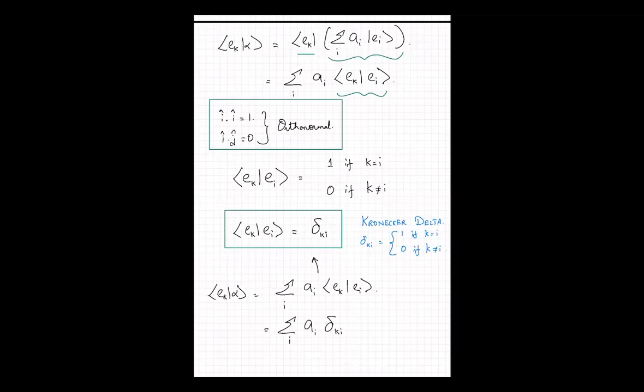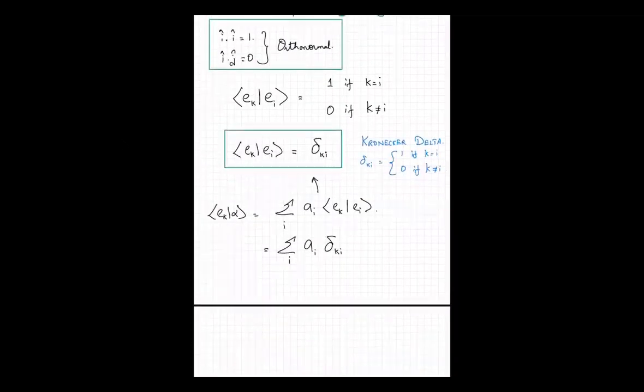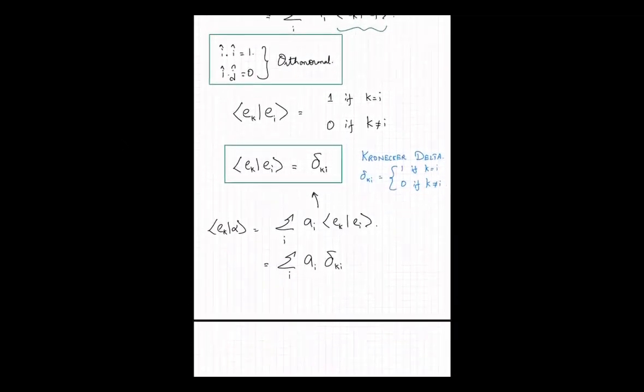If the dimension of the linear vector space is 135, there are 135 terms in this sum. But for all i's not equal to k, this delta ki is equal to 0. So there is only one term that is going to pop out of the sum, for which delta ki is not equal to 0, and that is when i equals k. So the sum becomes just one particular term, which is ak.